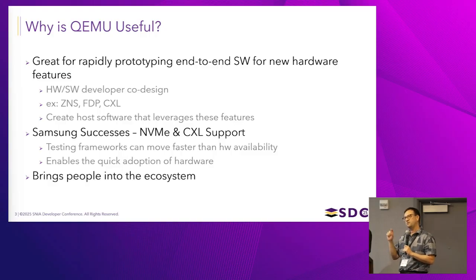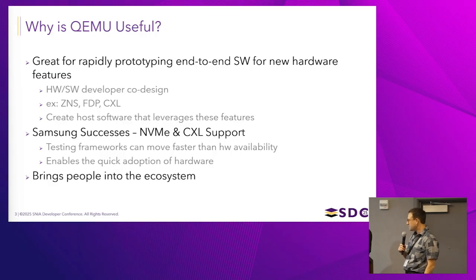You may hear that we're in this era of hardware-software co-design, and really what that means is that there has to be an interface between the hardware and the operating system, and QEMU gives us the opportunity to build that interface through purely software-based mechanisms. So we use it for prototyping hardware features.